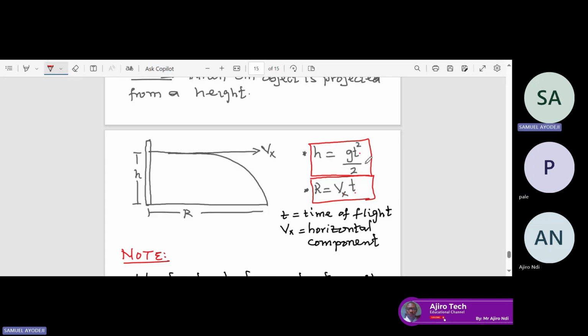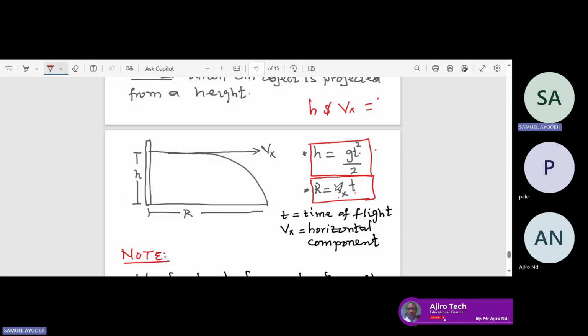I said you have two formulae under this type of projectile, and you have to use them. You might need to use the first one to get a value. For instance, if you have to calculate range, they gave you velocity, they're not giving time, and they also give you height. So you know height and velocity, and you're looking for range.